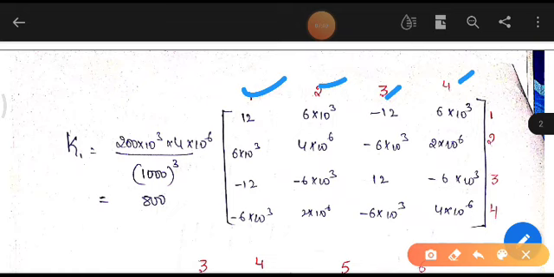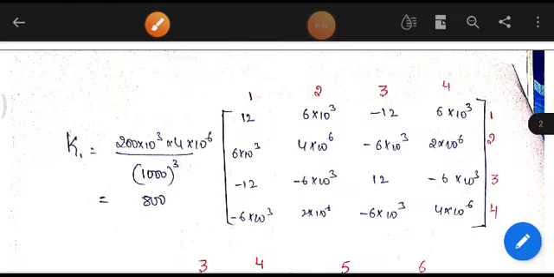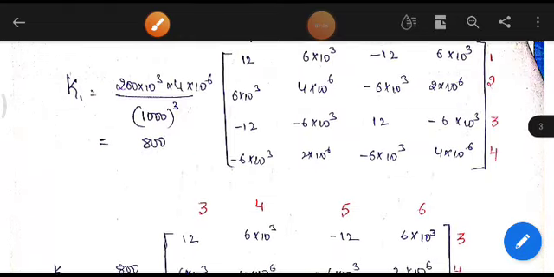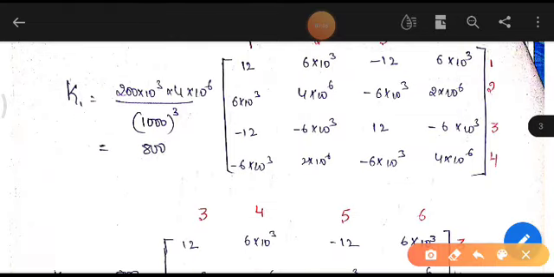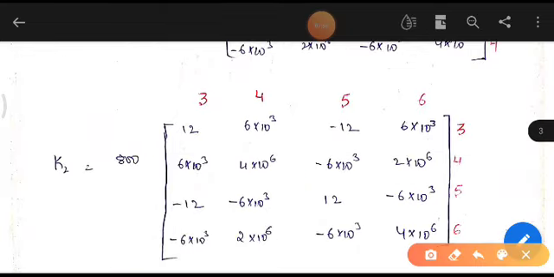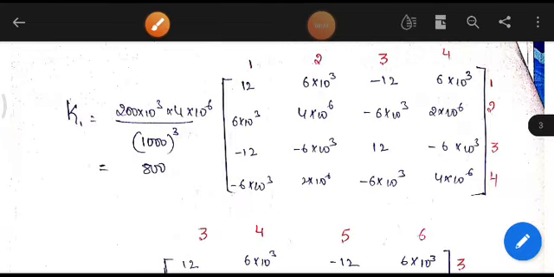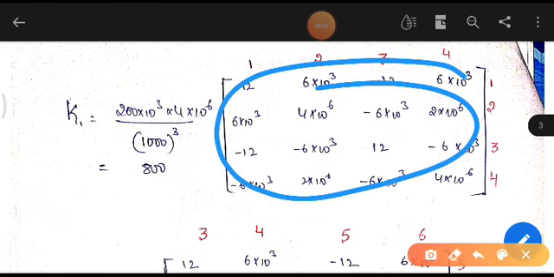Similarly, we need to calculate the stiffness matrix for the second element. If you see, these are the same again. Young's modulus is the same, moment of inertia is the same, length is also the same, so you will get again the 800, which we have written here. Again these elements will be the same because we have the same length of the second element.